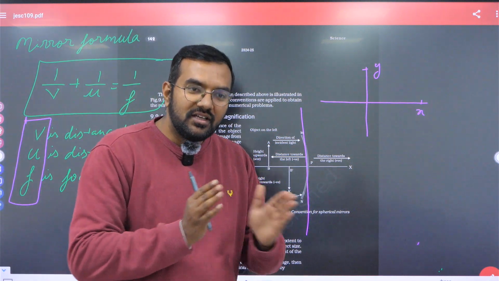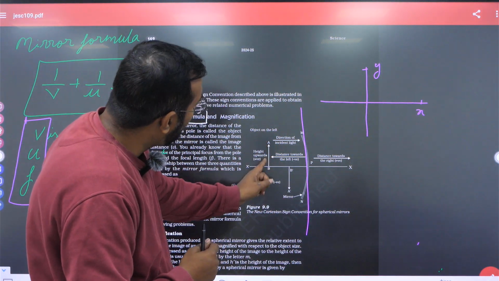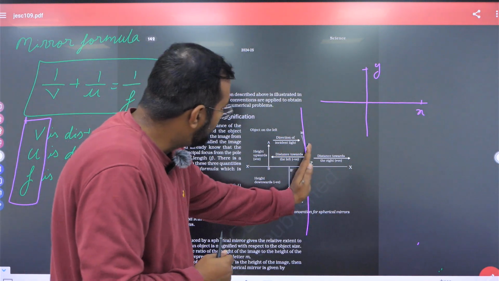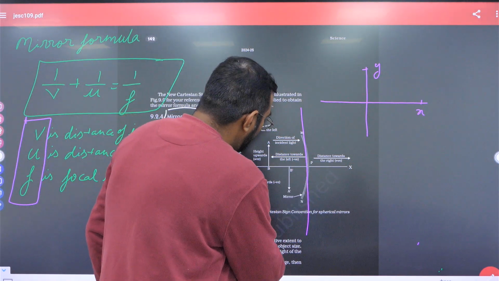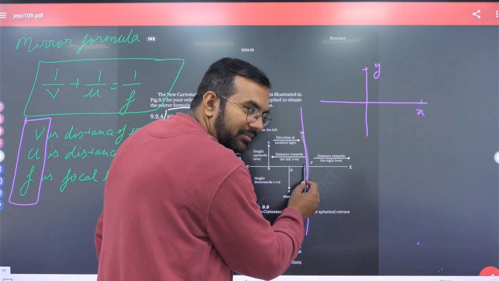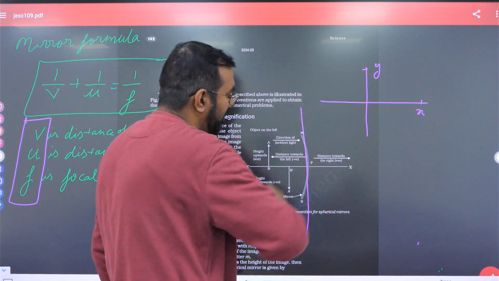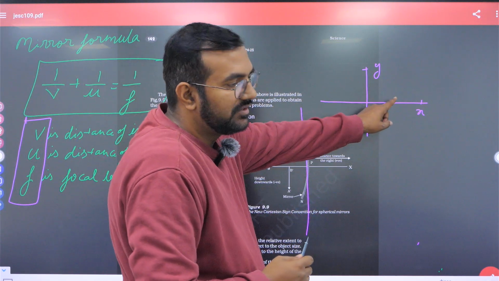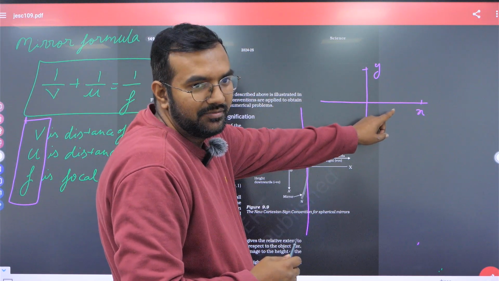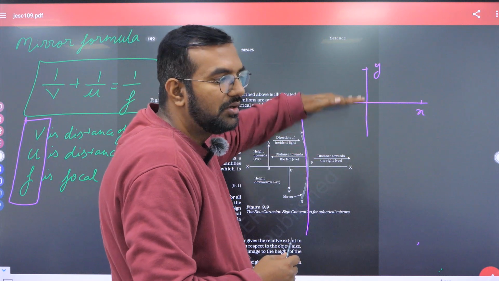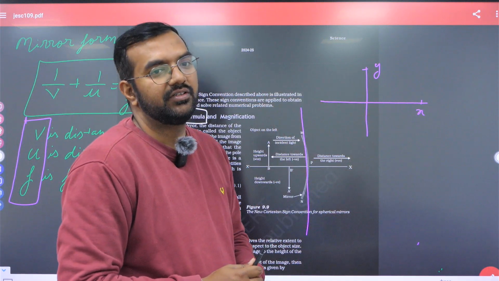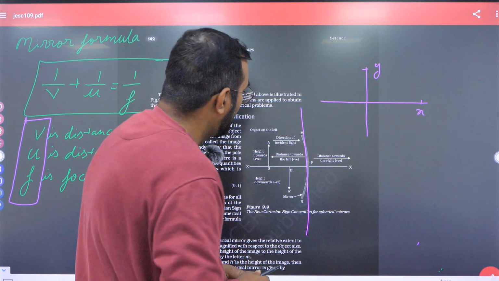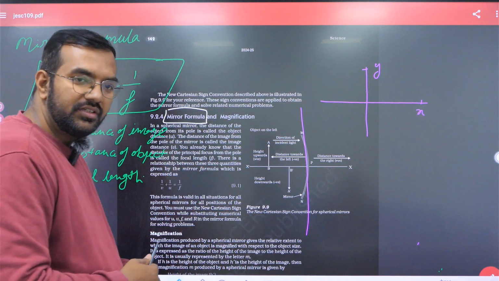This value represents the distance of the object from the mirror and this value represents the height. So the distance of the object will always be negative and the height of the object will always be positive. Okay, so this is the sign convention.